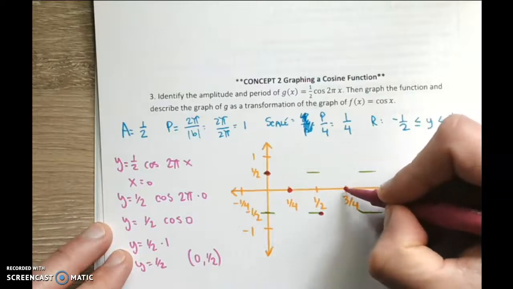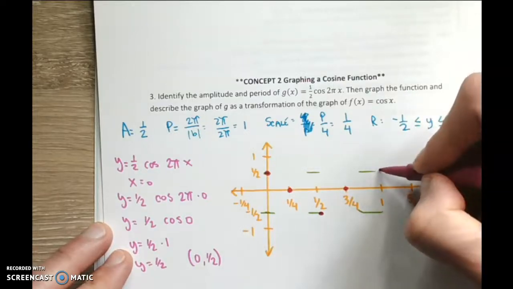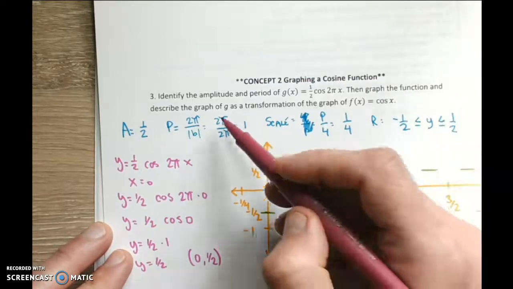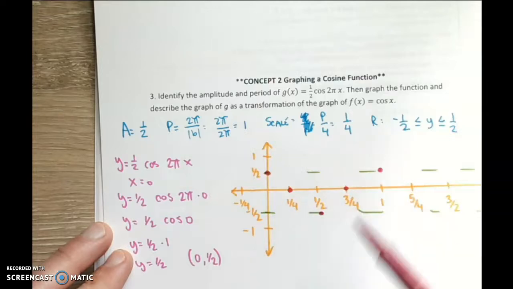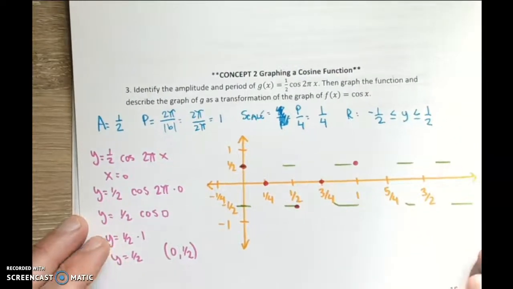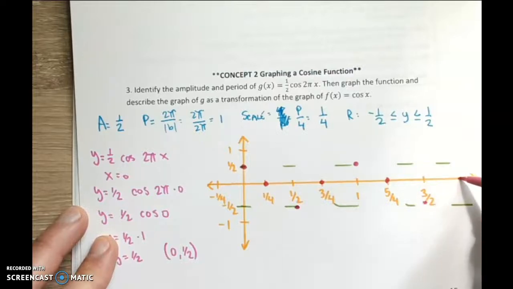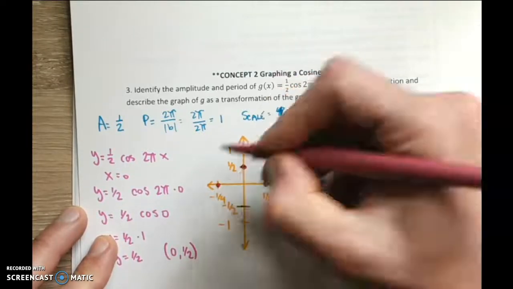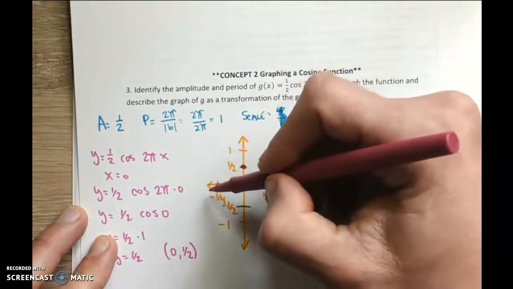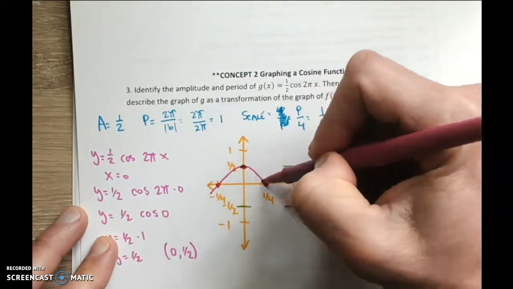Then back up to 3/4, and then to 1 right there. Is that my cycle? 1, 2, 3, 4. Yep. So now I draw this line, trying to make it nice and curvy.